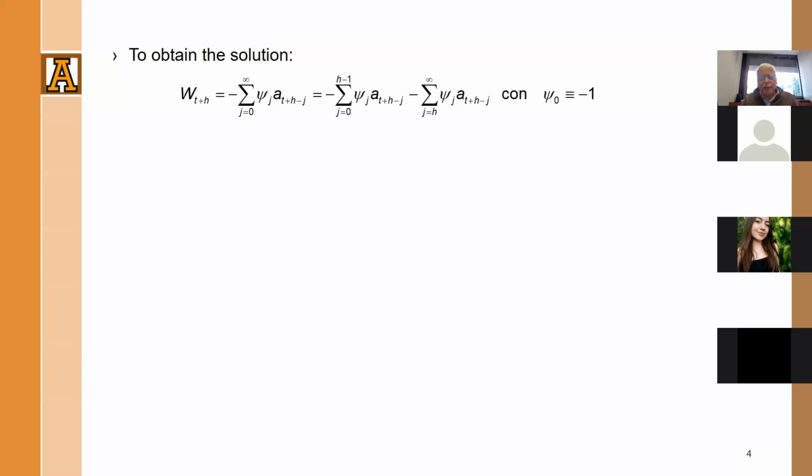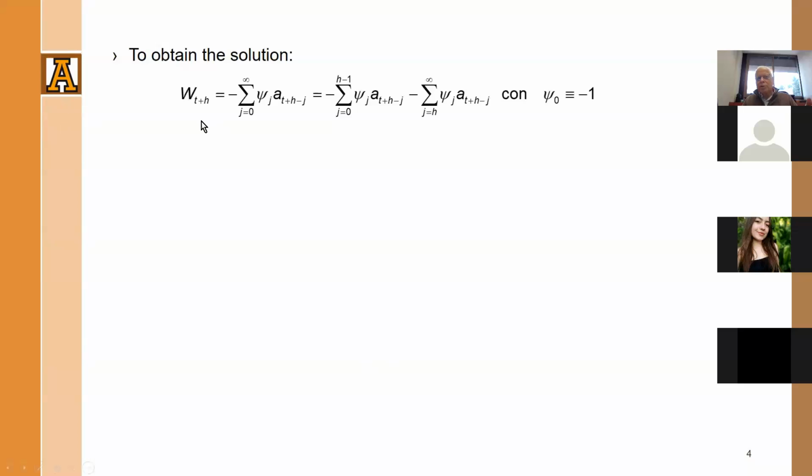Now, to obtain the solution, remember that we assumed that W_t is stationary. If it's stationary, I can express W_t as a linear combination of psi_0, psi_1, psi_2, multiplying a_t, a_{t-1}, a_{t-2}, and so on.